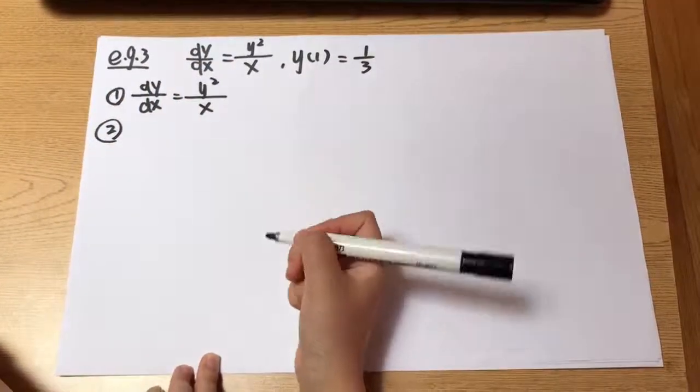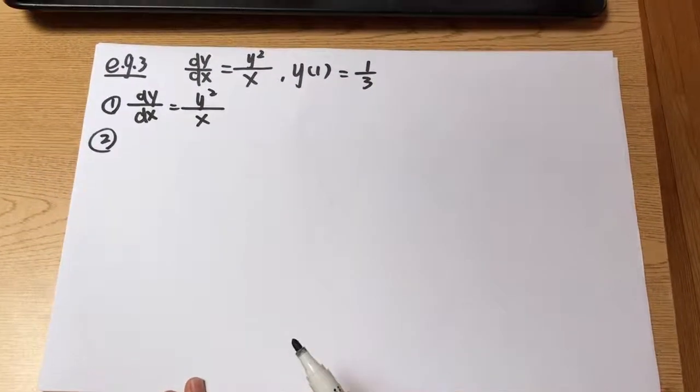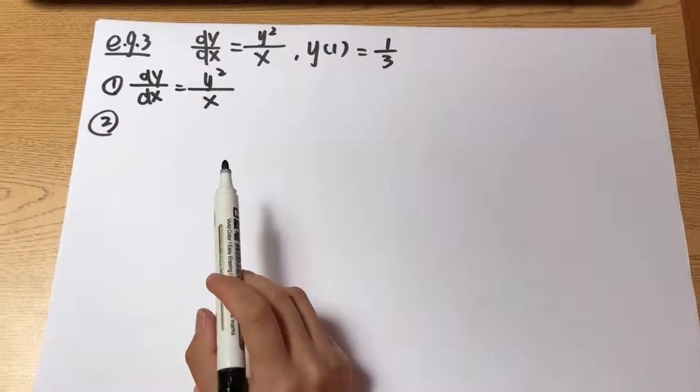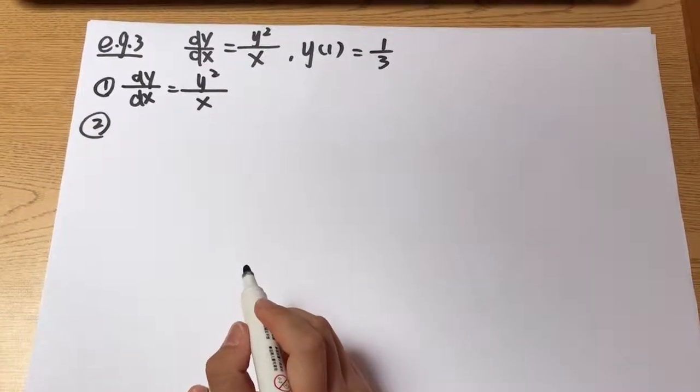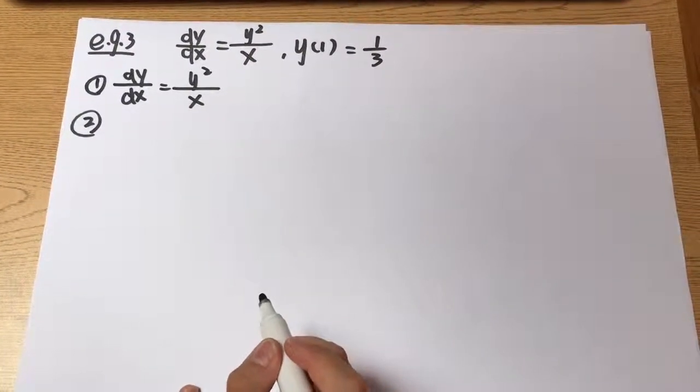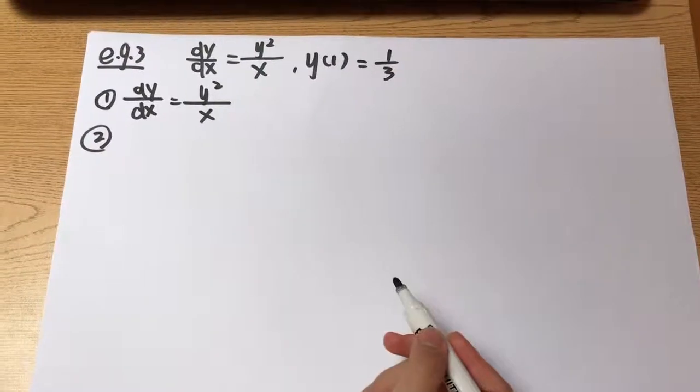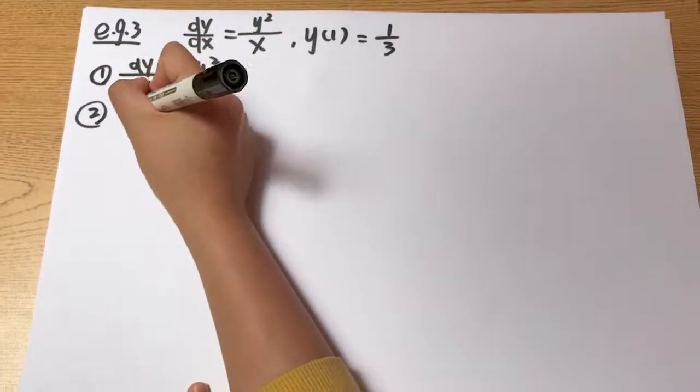And the second step is the separation of variables. In this case, we have to multiply by 1 over y to the second power first, and then multiply by dx on both sides so that we can get this.